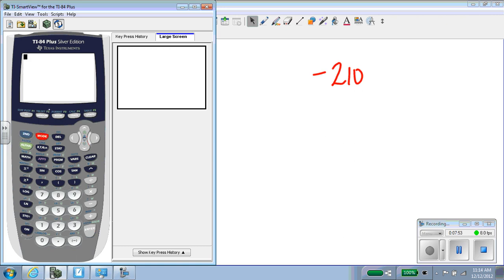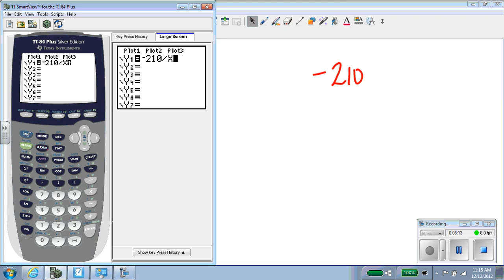I'm going to go to y equals, and I'm going to put in negative 210 divided by, and instead of putting in a number, I'm just going to put in my variable x. And then I'm not looking at the graph. I'm going to look at the table.